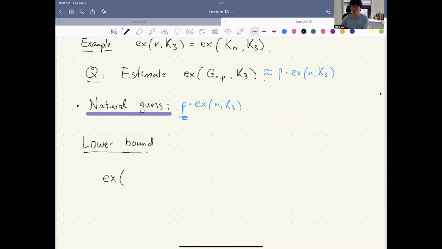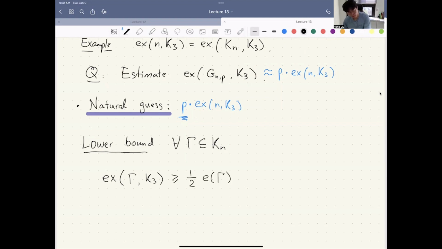Here for the lower bound, we don't need the randomness. So for every graph, not just G(n,p), for every subgraph Γ of K_n, this extremal number with respect to Γ is at least 1/2 times e(Γ).